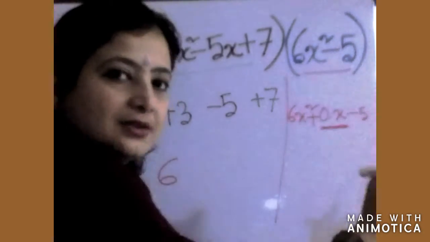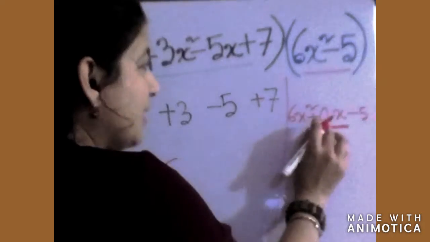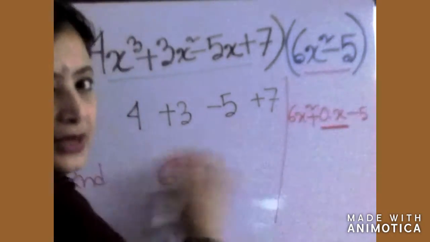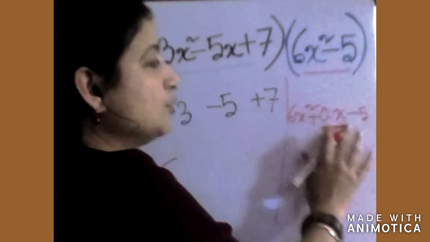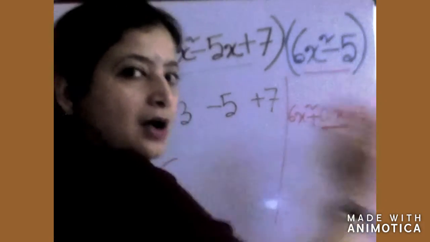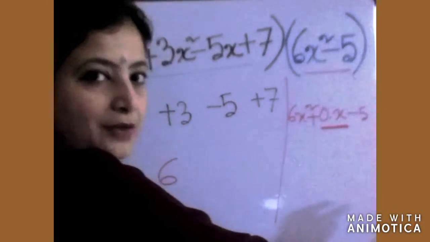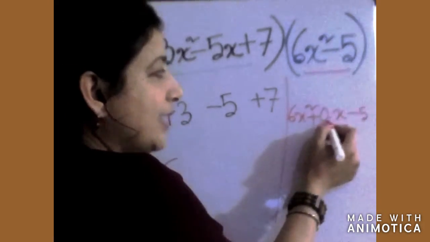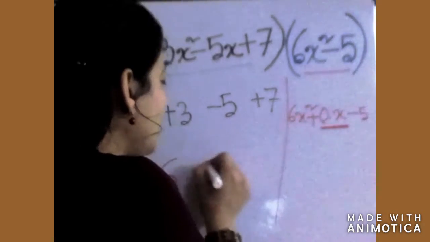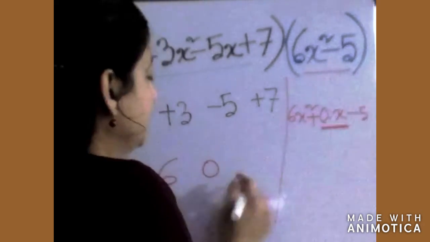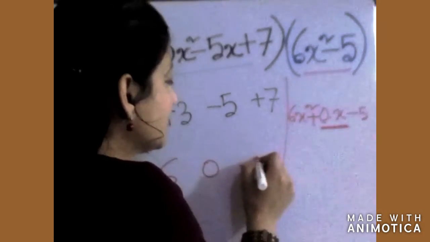But when we write the coefficients, we have to write according to the highest power to lowest power of the variable. That's why we write 0 as the coefficient of x, and then minus 5.